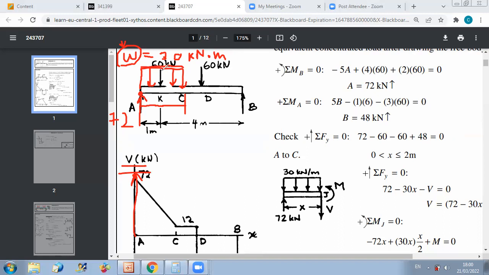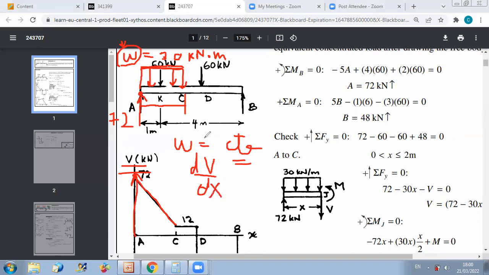So when W is constant, then the slope of variation of shear with X is constant. This means that the variation of V is linear. So you can say that from A to C, since W is constant, dV by dx is constant, so V is linear.